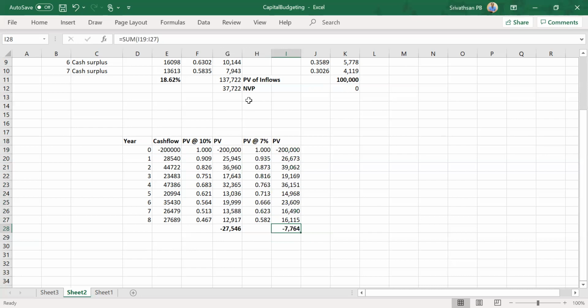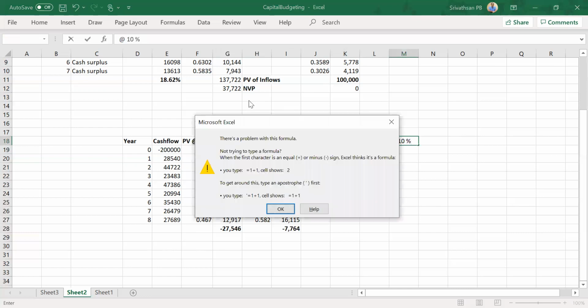Can you find out IRR using this? Yes, you can. Normally you refer to it as cross multiplication. Here they call it extrapolation, because that is at 10%.